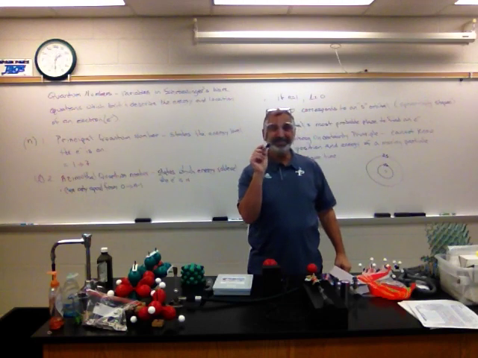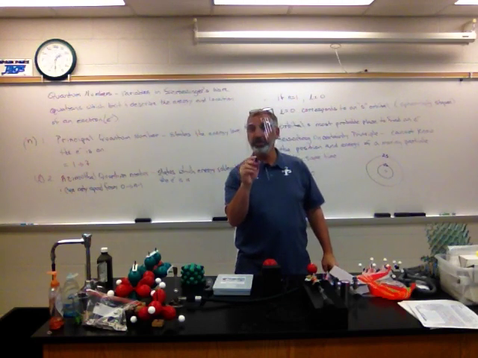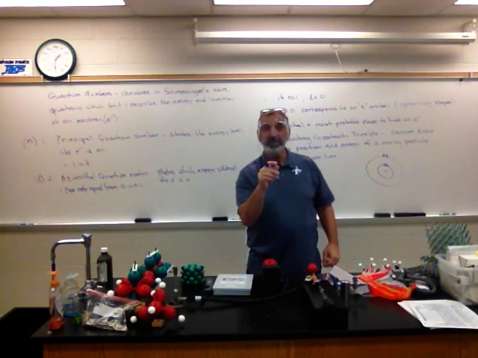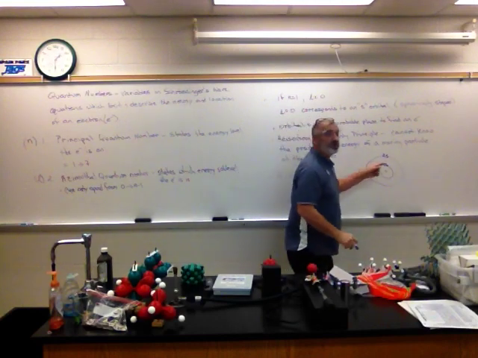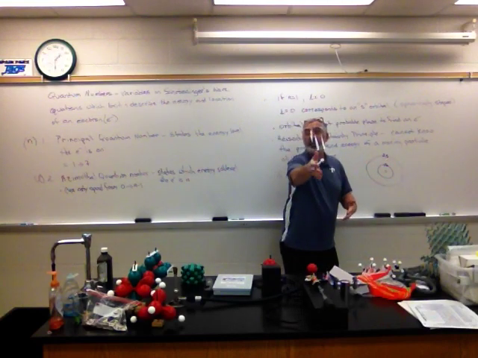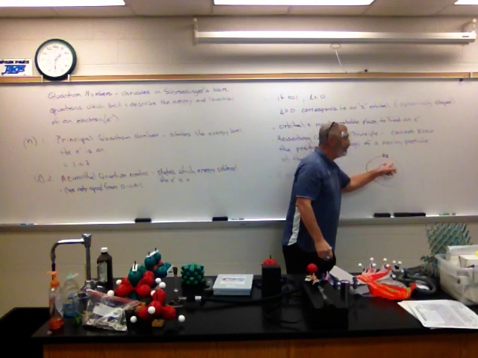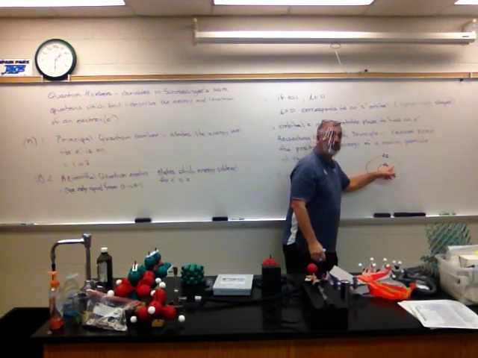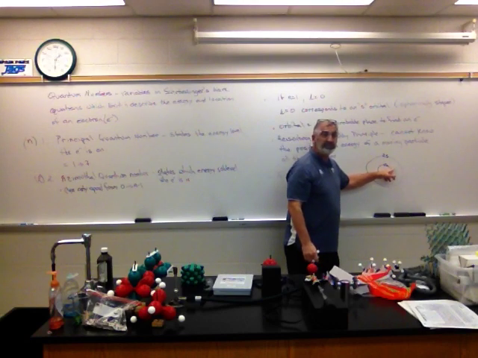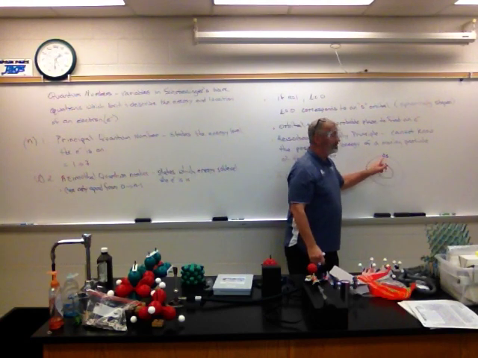It was a node, a nodal region. This is an area of low probability, an area where there's the destructive interference. The space in between here is that nodal region, a place where there's going to be a low probability of finding an electron. Okay? So we have the 2s.